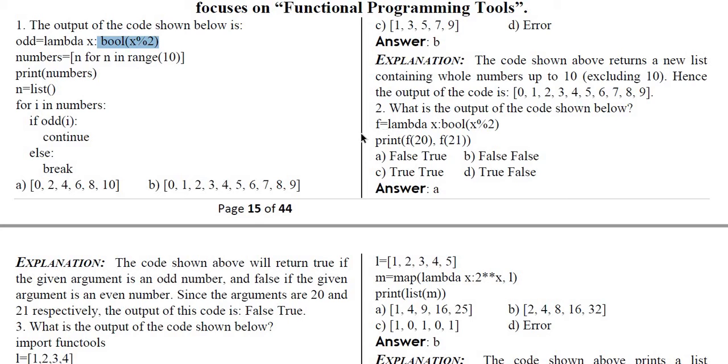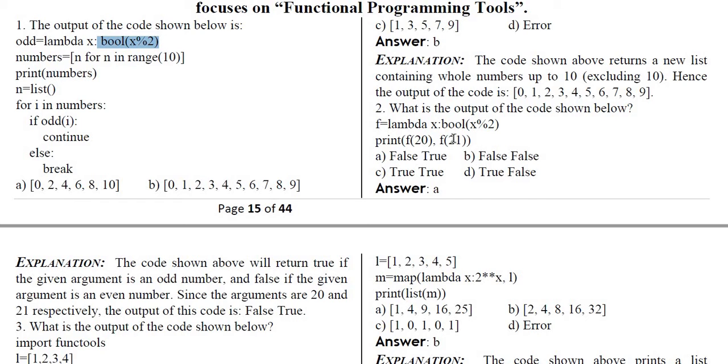Now next is, what is the output of the code shown below. Again we are using lambda. Here it's saying print f(20) and f(21).